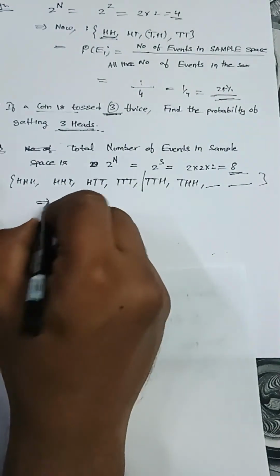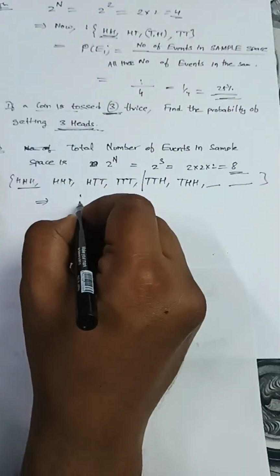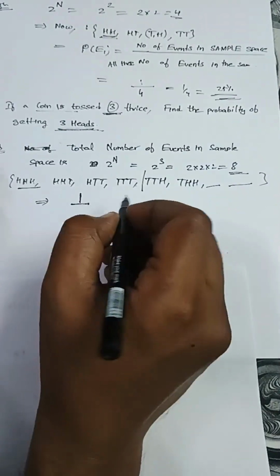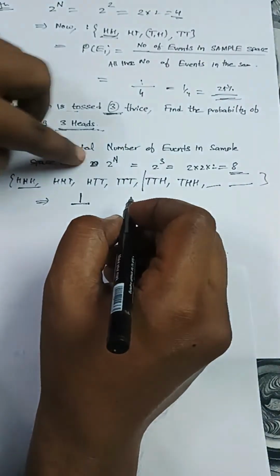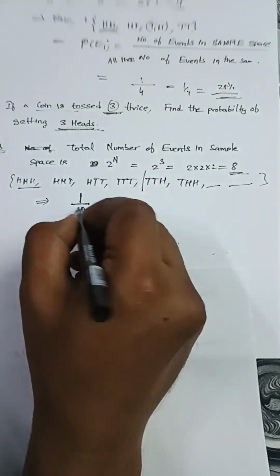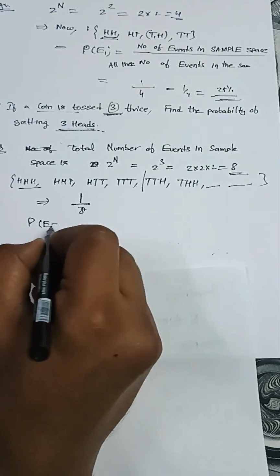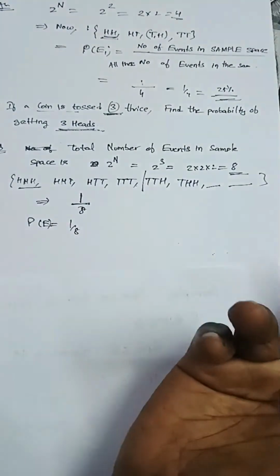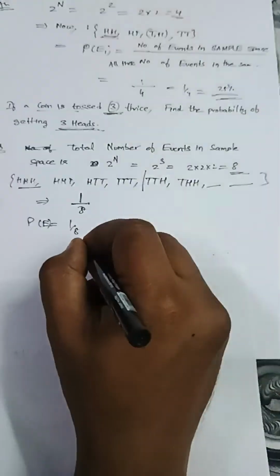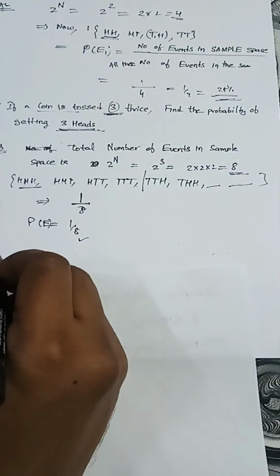So if they ask 3 heads, there is only 1 event. So 1 by the total number of events in the sample space, which is 8. 1 by 8. That's it. So that's all. The probability of this event is 1 by 8. Simple. So that's all. The third question I will solve for you.